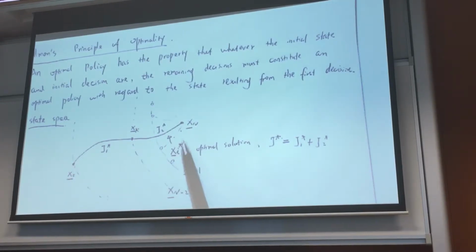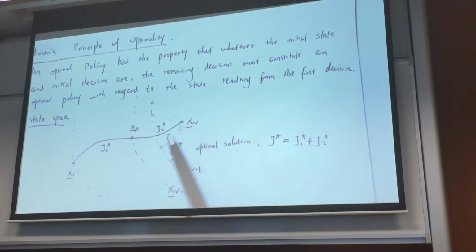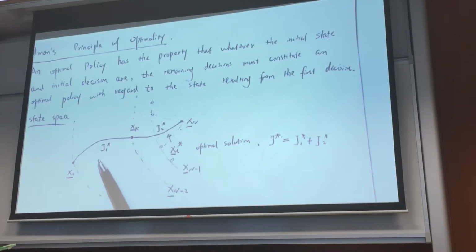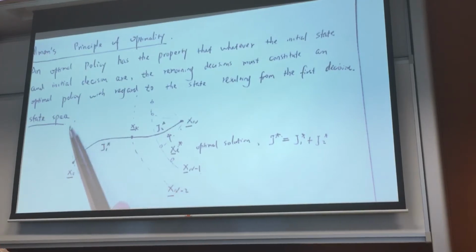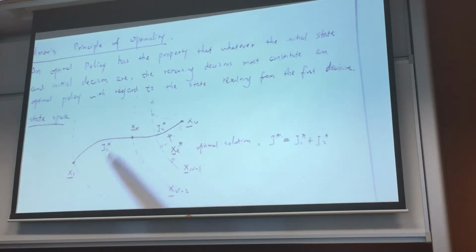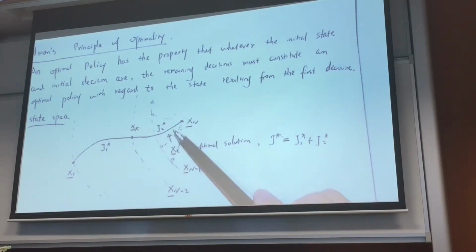After that, we can solve the problem by iteration. We start from the final state, and we do this iteration by iteration. Eventually, we will arrive at the initial state. That will give us the optimal path.